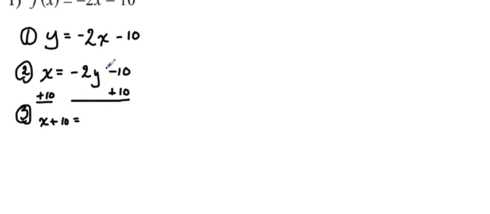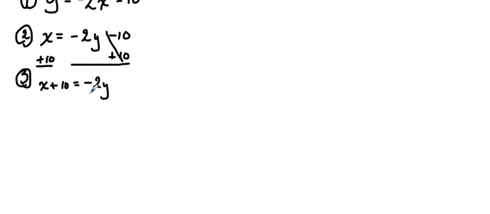On the right side, negative 10 plus 10 becomes 0, and we're left with negative 2y. So our next step is going to be to divide both sides by negative 2. Negative 2y divided by negative 2 simply becomes y, and we are left with x plus 10 over negative 2.